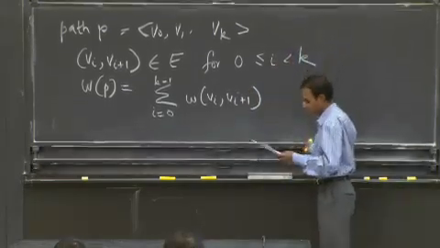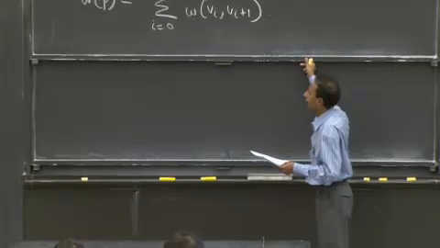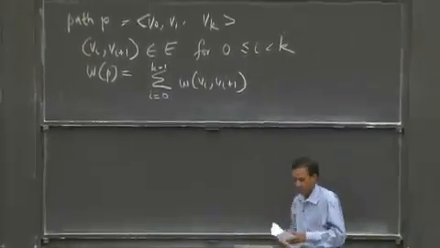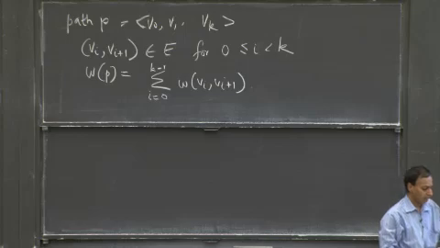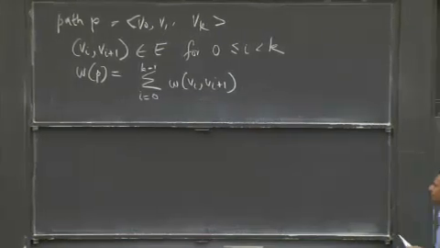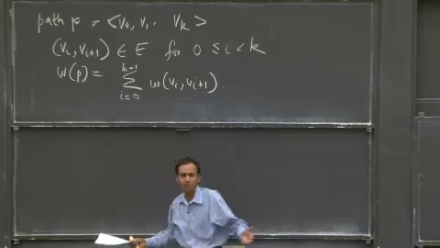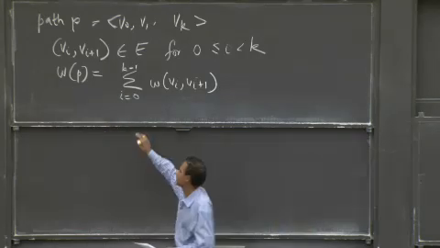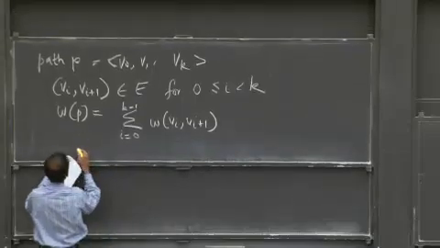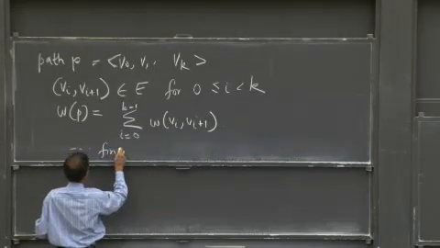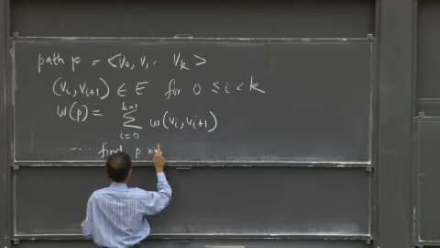And the shortest path problem is, as you can imagine, something that tries to find a path P that has minimum weight. Okay? So in general, you have some setup for the problem, but it comes down to find P with minimum weight.